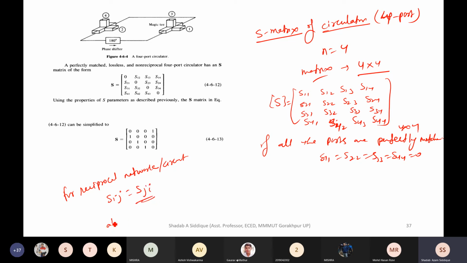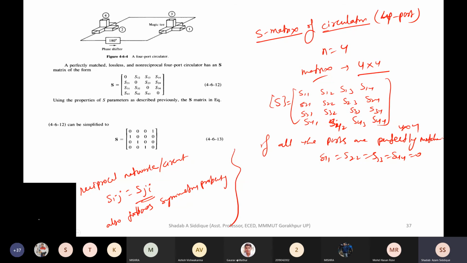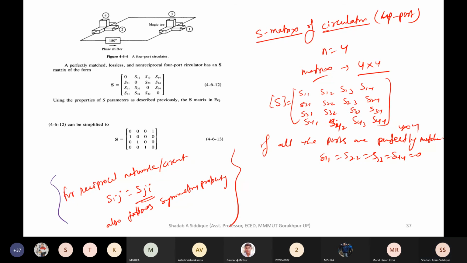And it also follows the symmetry property. But note, here it is a non-reciprocal device.